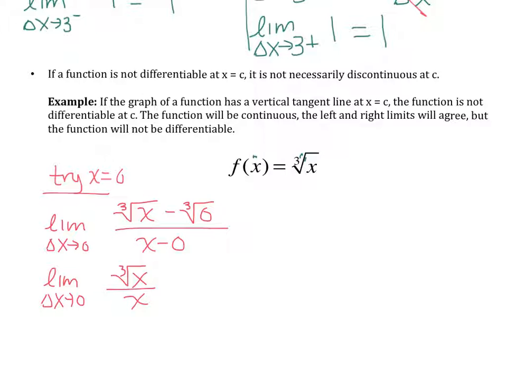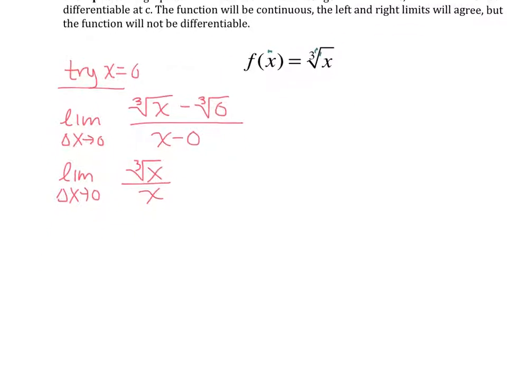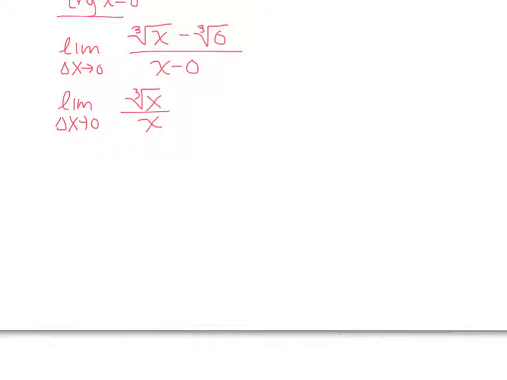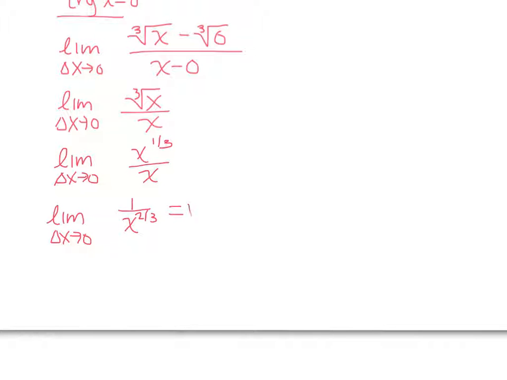Then using what we know about rational exponents, we can rewrite this as the limit as delta x approaches 0 of x to the 1/3 over x, and putting everything into the denominator, we get 1 over x to the 2/3. Now if I were to just do direct substitution, I would see that I get 1 over 0, and so that limit does not exist.